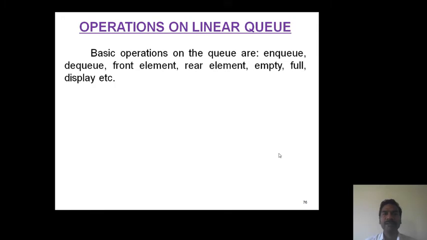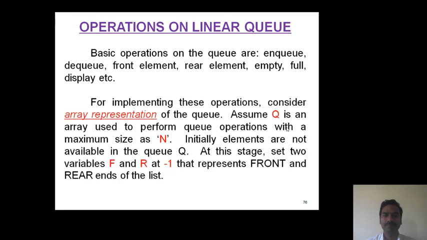Here the basic operations on the linear queue are enqueue, dequeue, front element, rear element, empty, full and display operations. So these are different operations that can be applied on a linear queue. For implementing these operations, again two representations are valid: static representation and dynamic representation.